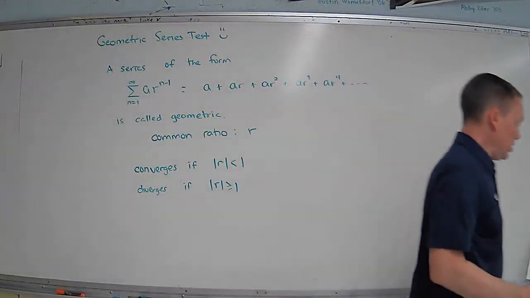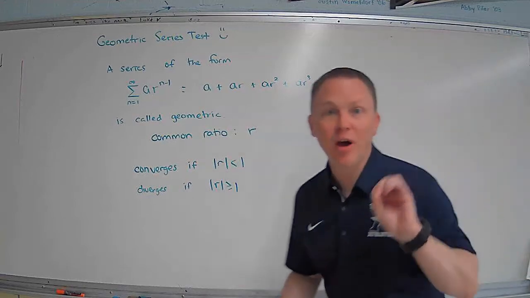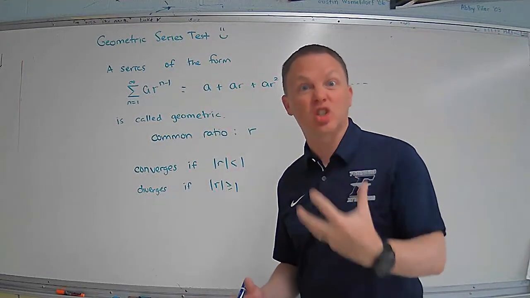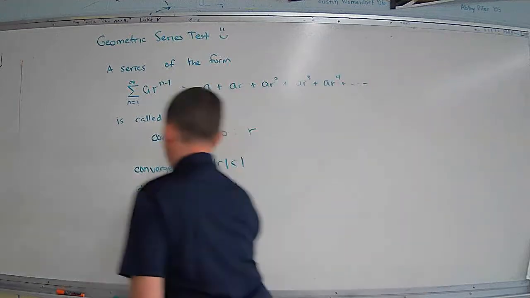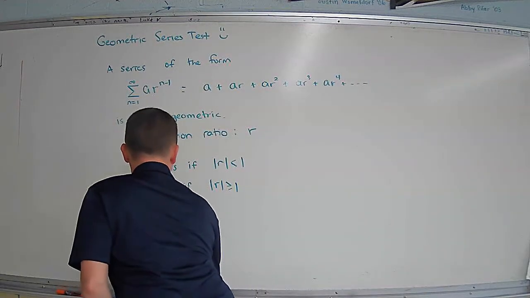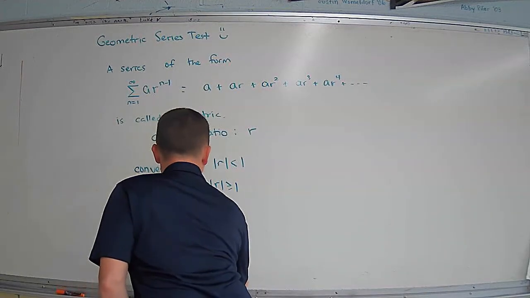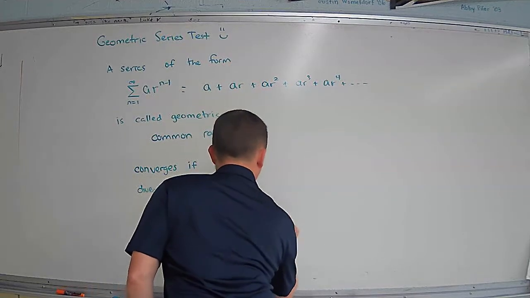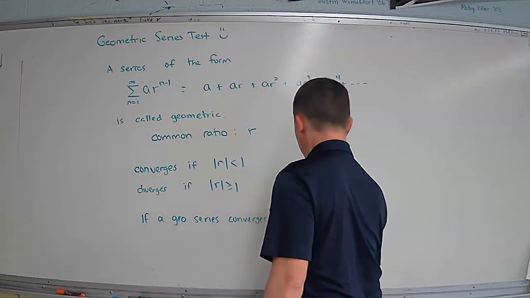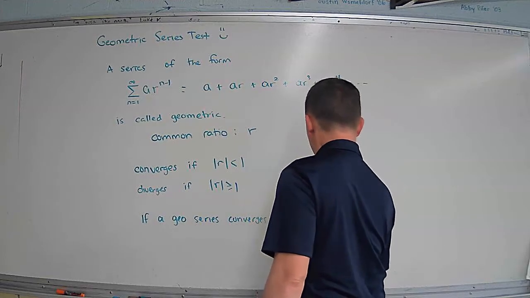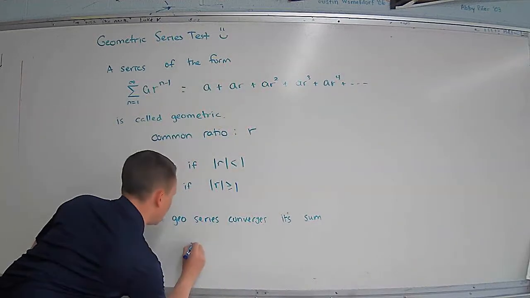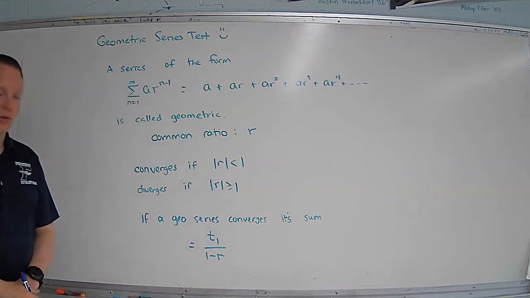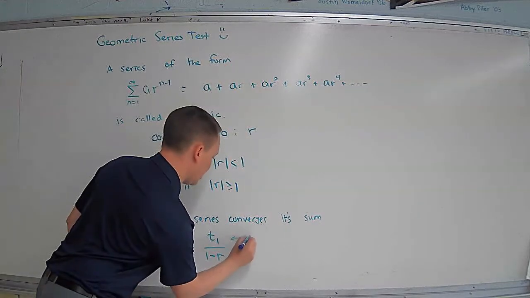And interestingly enough, if you have a converging geometric series, we can actually tell you what the sum is, what it converges to. So if a geometric series converges, its sum is equal to this. The first term over 1 minus the common ratio. Okay? T1, I'm just going to say the first term.